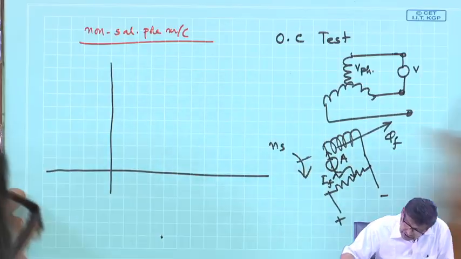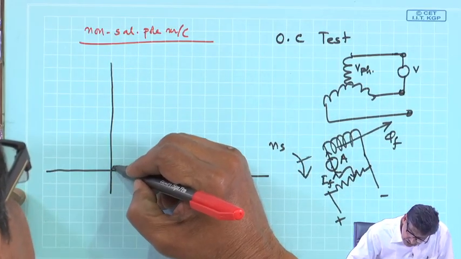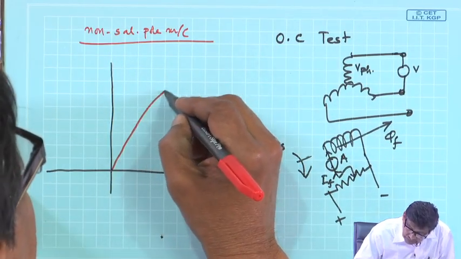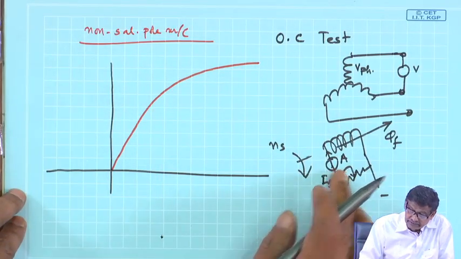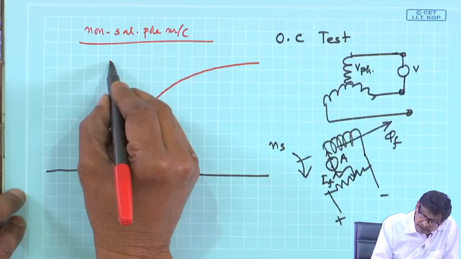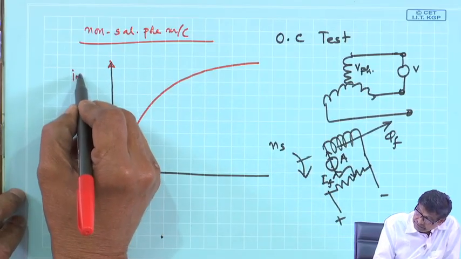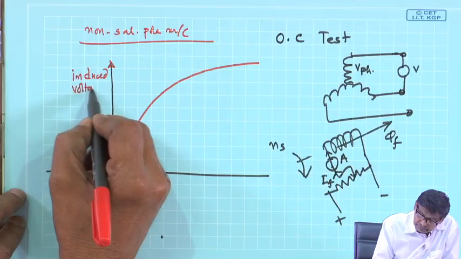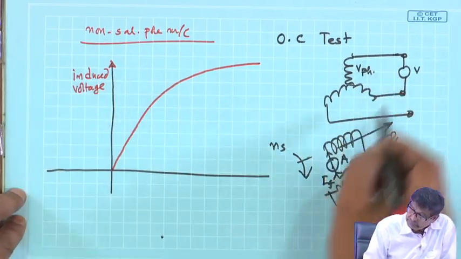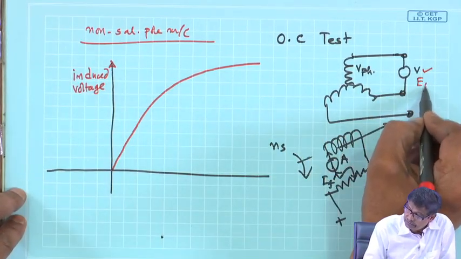Initially you will find it is almost linear, and then saturation will take place. What is this axis I am plotting? Induced voltage EF, which is recorded by this voltmeter.